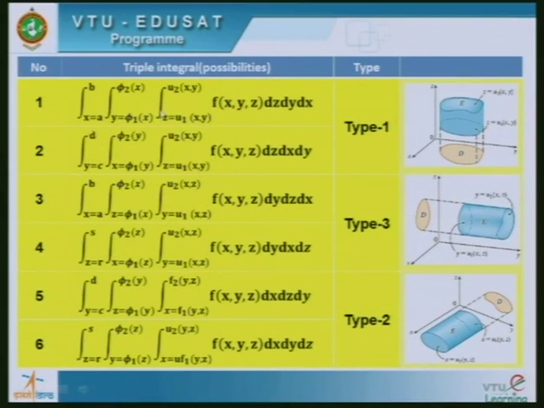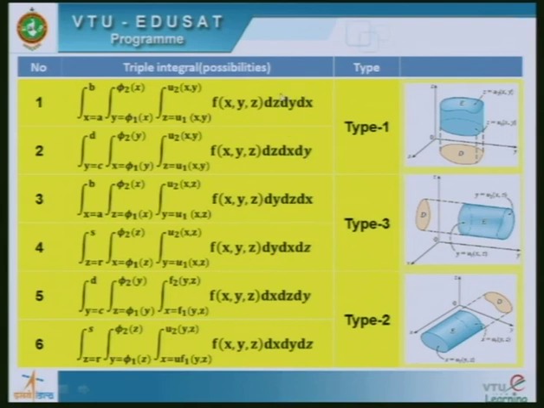Whenever the limits are functions of x, y, you can see that is the type 1 we discussed. Type 1 has two types. In the type 1 case the first integration is with respect to z, meaning the z limits are functions of x, y. Next, the second and third integrals are with respect to y and x, or with respect to x and y.